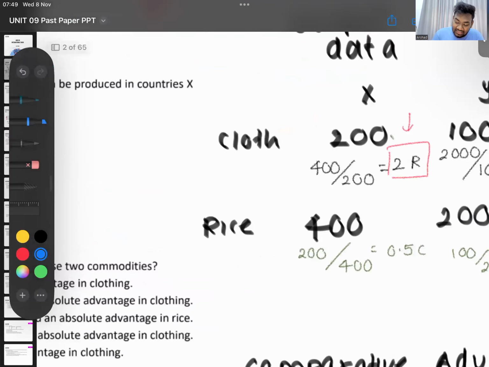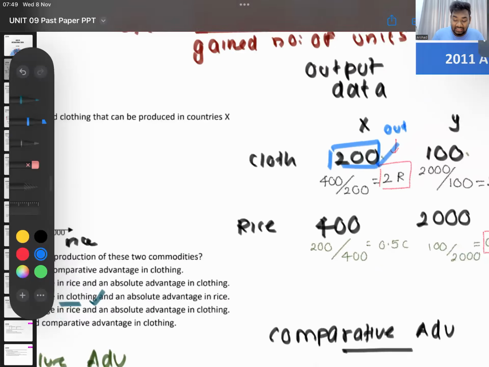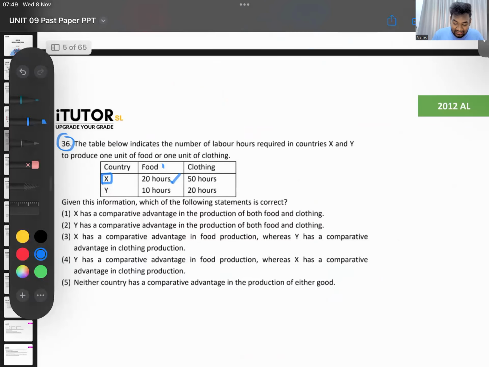In country X, with their inputs, they can produce 200 units of cloth. This 200 was output, the one that we did in 2011. So be very careful, because the way you find comparative advantage changes when it's input data.